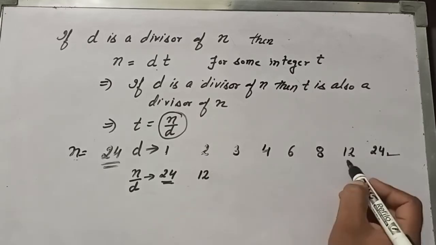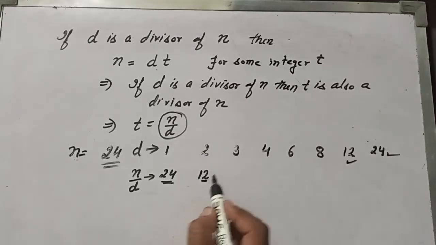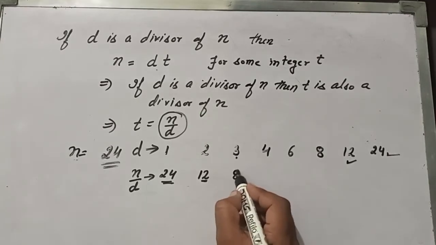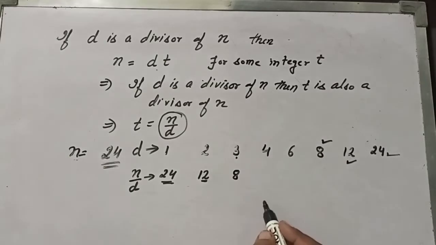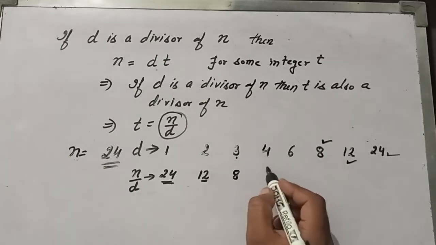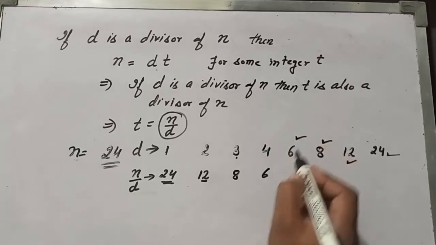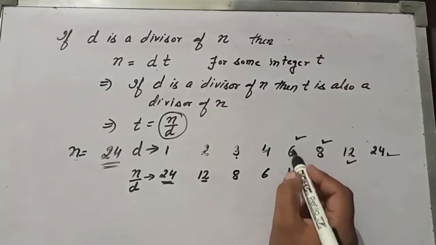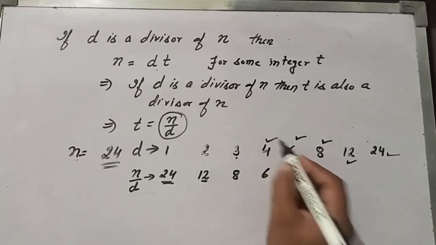And 12 is also a divisor. If d is 3, then n by d is 8, and 8 is also a divisor. Similarly, if 4 is a divisor, then 24 by 4, which is 6, is also a divisor. And similarly, if 6 is a divisor, then 24 by 6, which is 4, is a divisor.